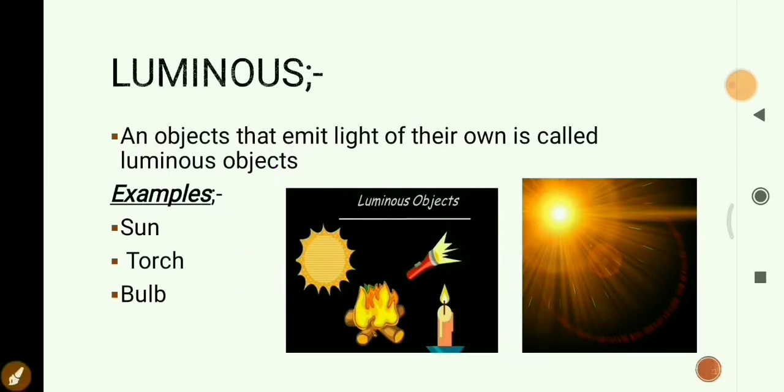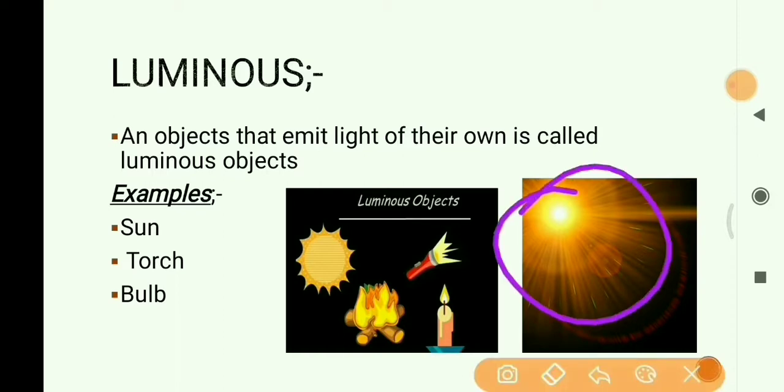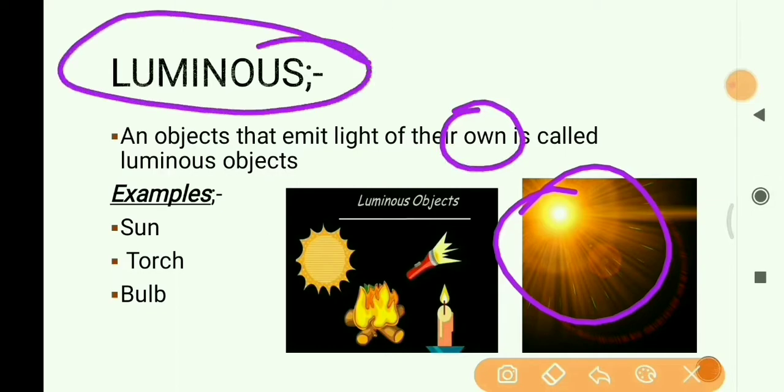The sun is another familiar object that gives its own light during the daytime. Its light allows us to see the objects around us. So objects like the sun that give out or emit light of their own are called luminous objects.